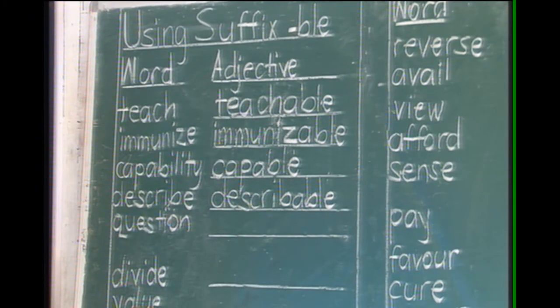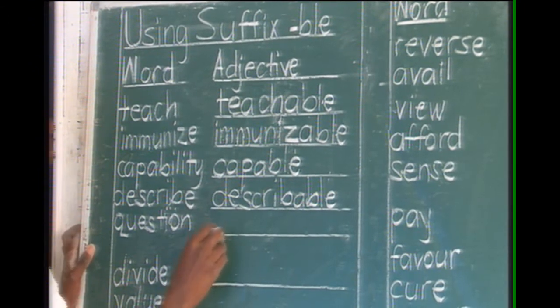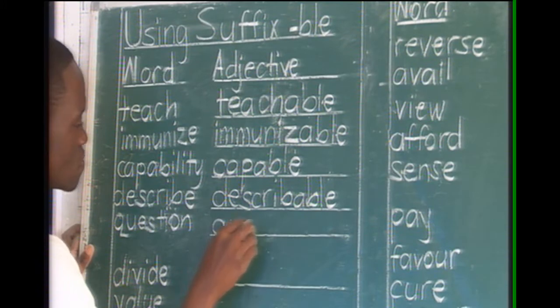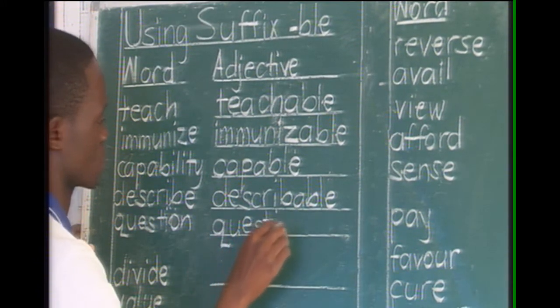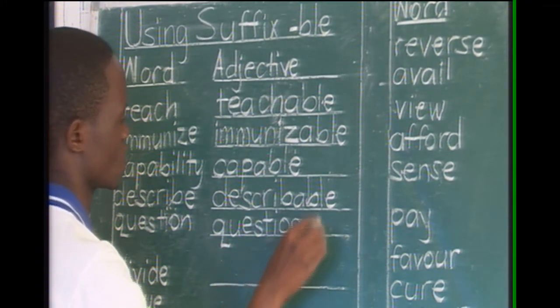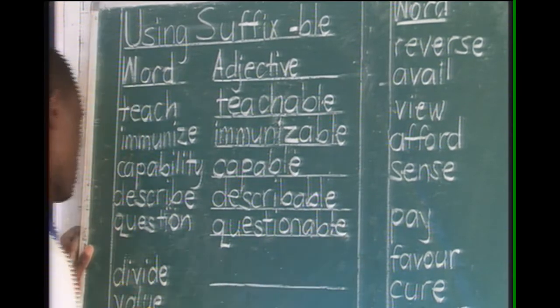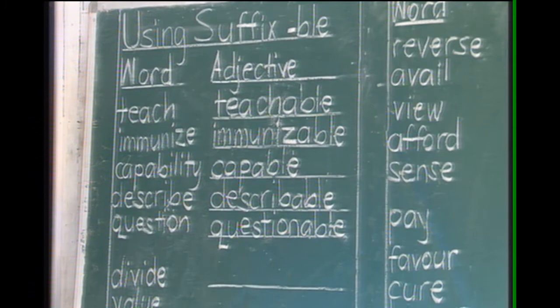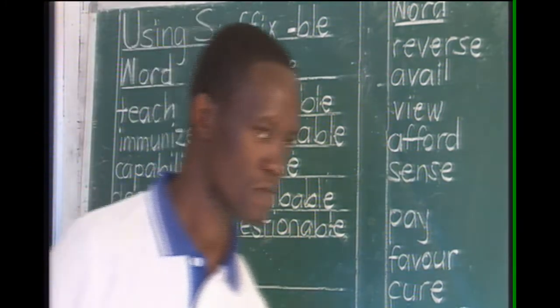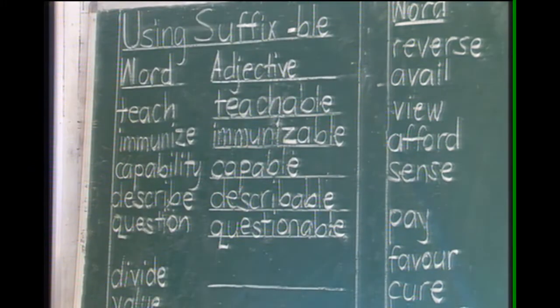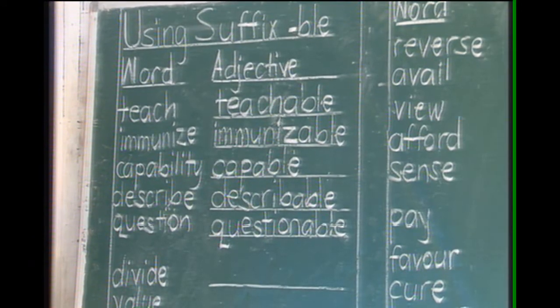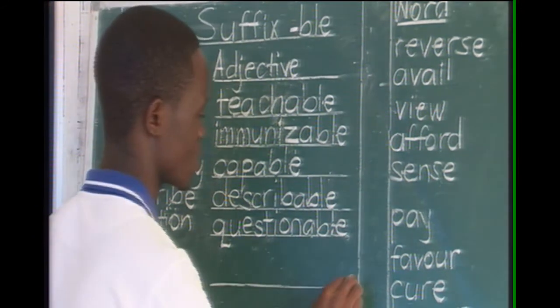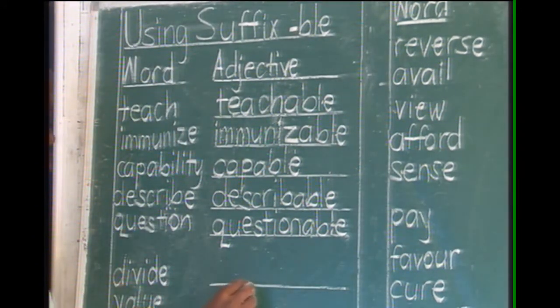Next is question. Questionable is our adjective from question. We now go to the next word, which is divide. From divide, you may think of a wrong word, dividable, which does not exist here.